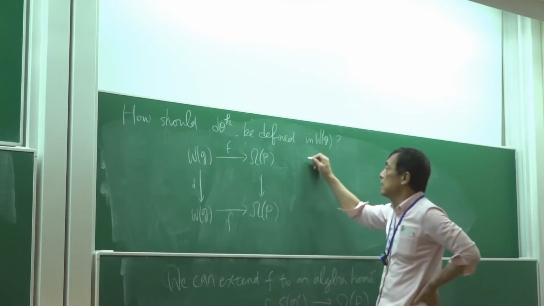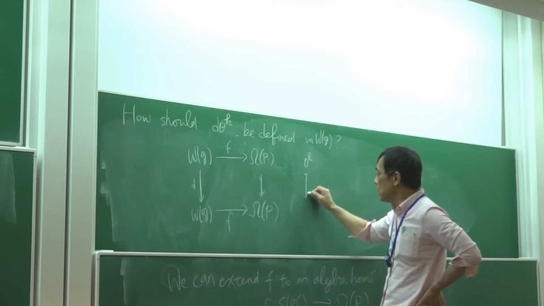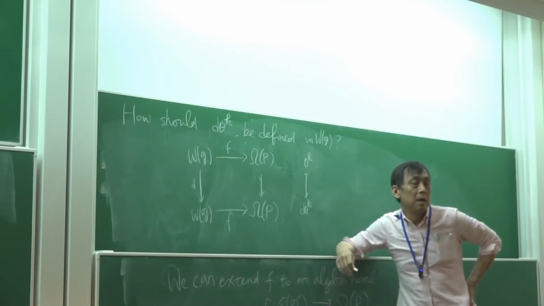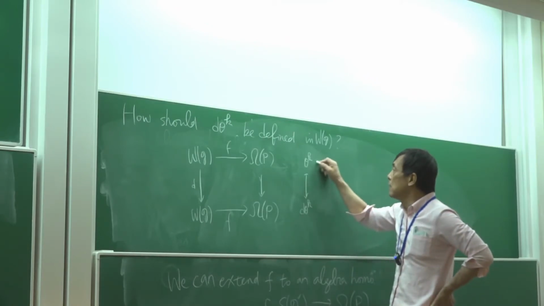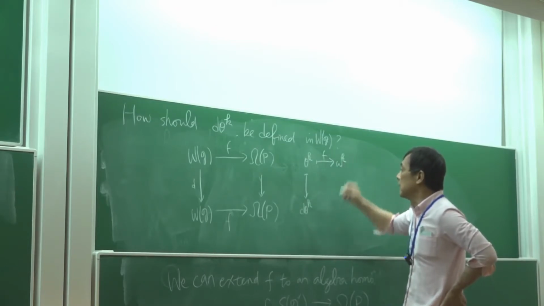So theta k maps to d theta k. And here, f takes it to omega k.